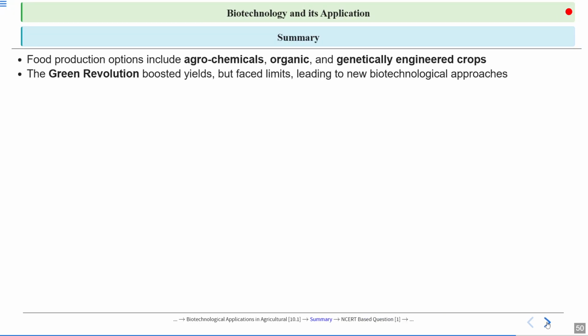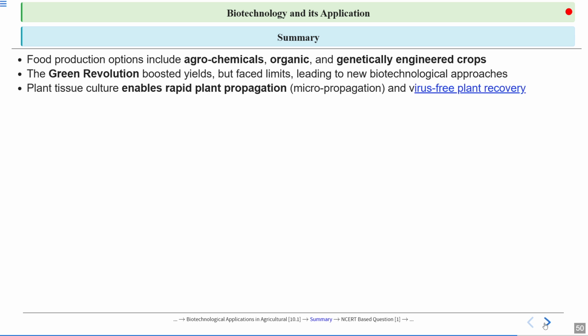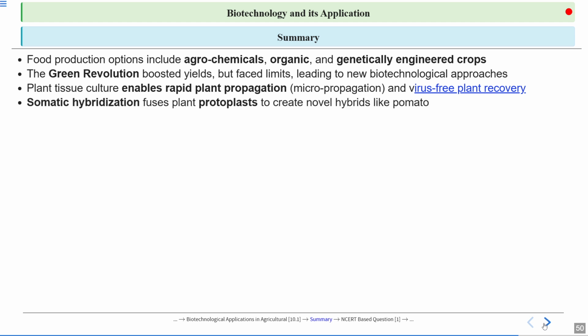What is the summary of today's class? Food production options include agrochemicals, organic and genetically engineered crops. The Green Revolution boosted yields but faced limits, leading to new biotechnological approaches. Plant tissue culture enables rapid plant propagation, that is micropropagation, and virus-free plant recovery.